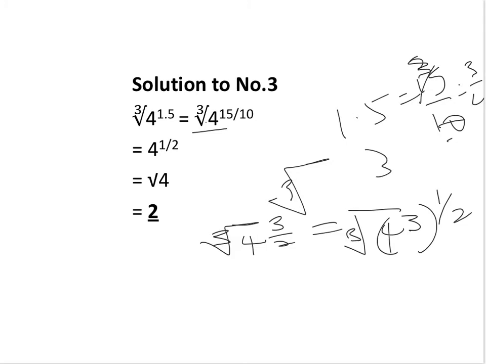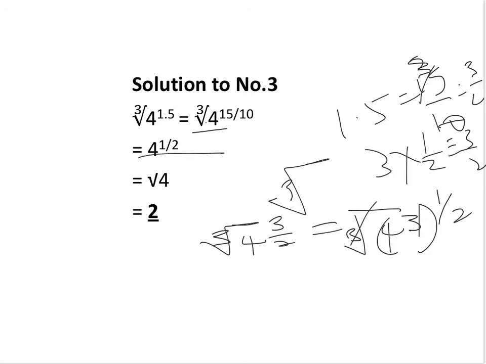You know that 3 times 1 over 2 is equal to 3 over 2. So if we take in 3 and leave 1 over 2 outside the bracket, we have cube root of 4 raised to power 3. And cube root of 4 raised to power 3 is equal to 4, because this power 3 will cancel out this root 3. So we are left with 4 raised to power 1 over 2.